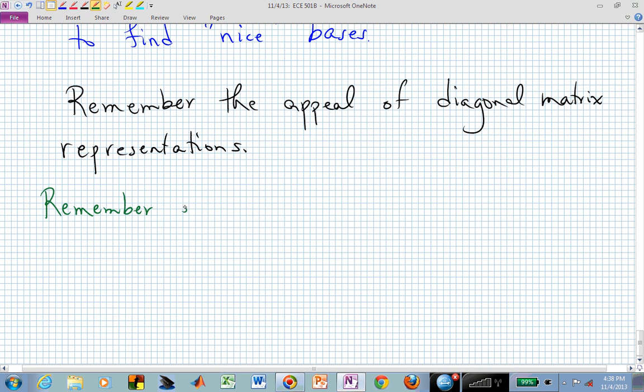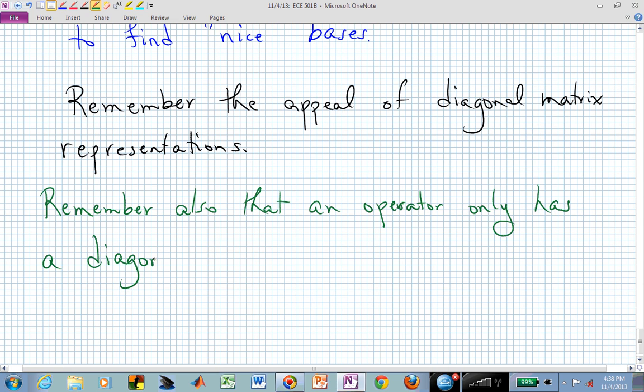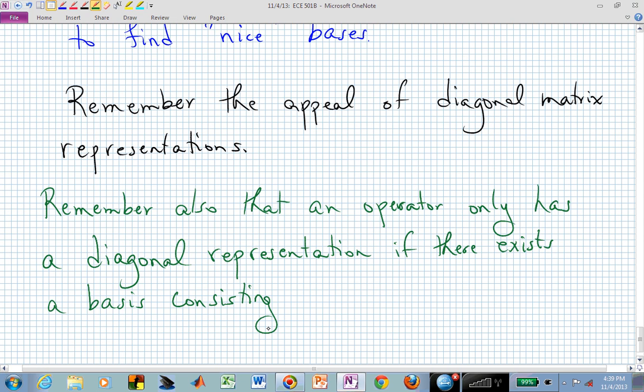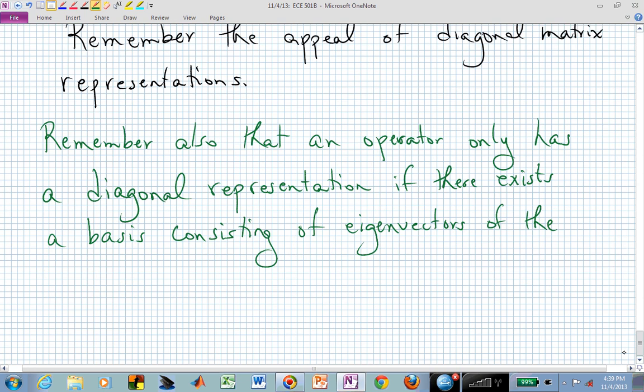Also, remember that an operator only has a diagonal representation if there exists a basis consisting of eigenvectors of the operator.